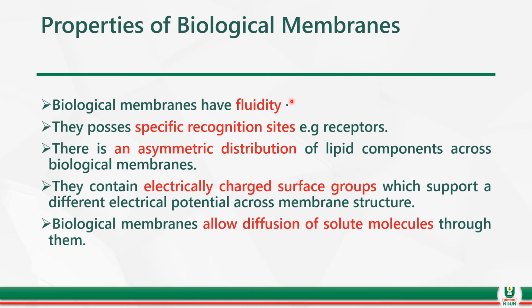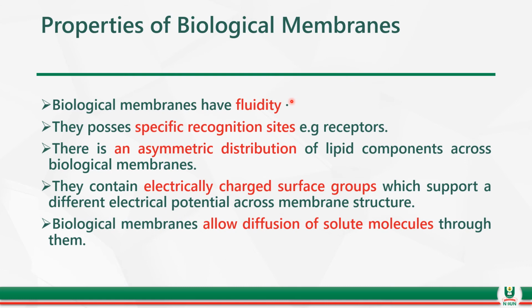So these specific recognition sites are like things in the membrane. When you get there, let me say they have the key to the door, so they can easily open the door. If you have a door and you don't have the key, you keep on trying, you cannot open it. So membranes have specific recognition sites, so that biomolecules that have those keys can easily open the door and enter into the cell. That's the best analogy I can give you.